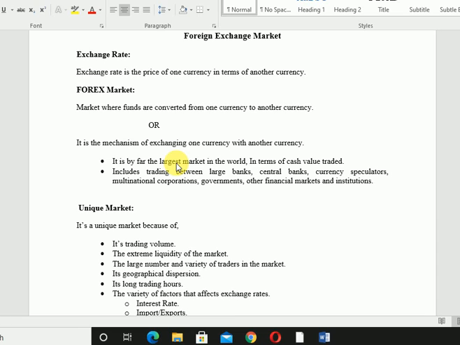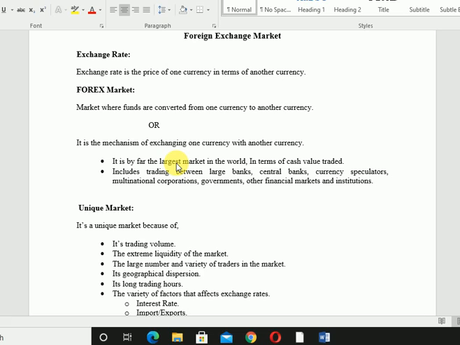It includes the trading between the large banks, central banks, currency speculators, multinational corporations, governments, other financial markets and institutions. When the banks need some types of currency, they can convert their local currency to the foreign currency.